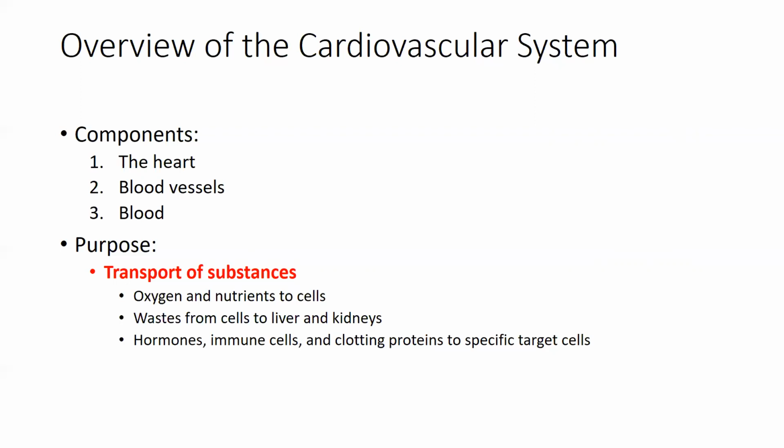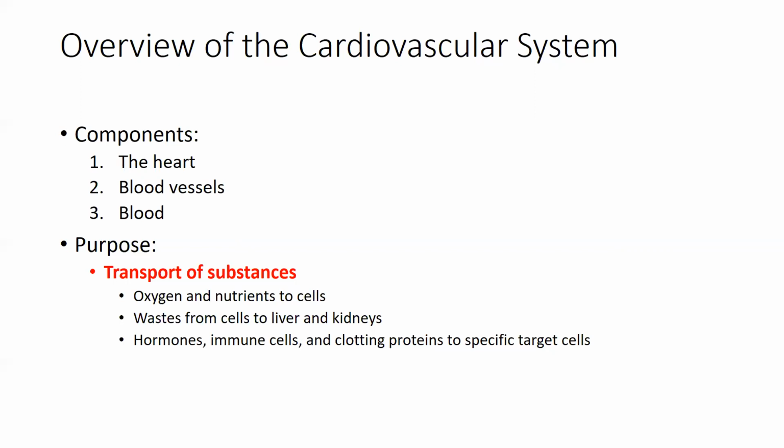It's going to be like a messenger system or like a highway system. Very important in moving substances, proteins, hormones throughout the body. Oxygen, waste products, okay? So the first or the most important function of the heart and of the cardiovascular system is transport, right?